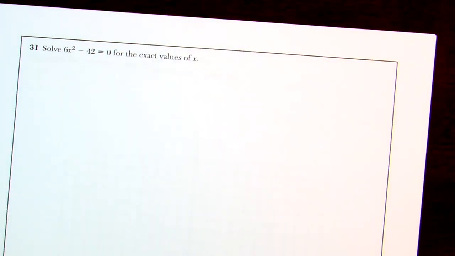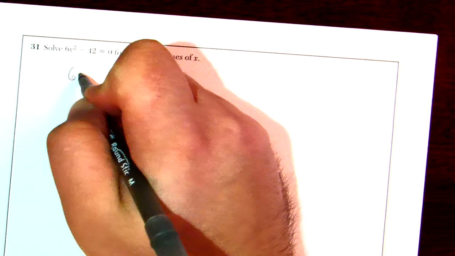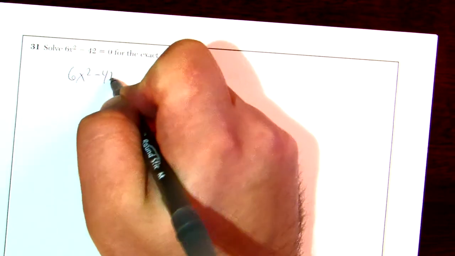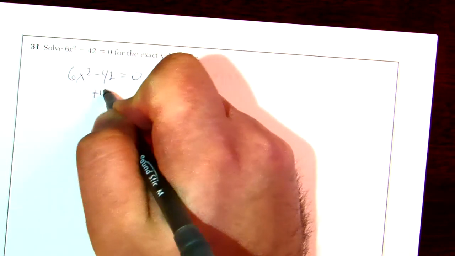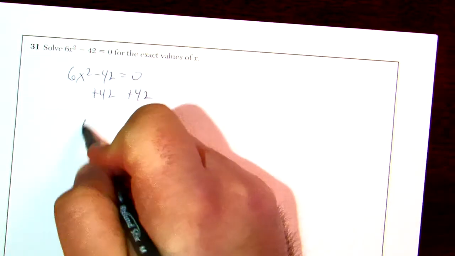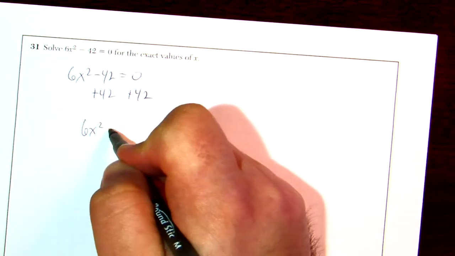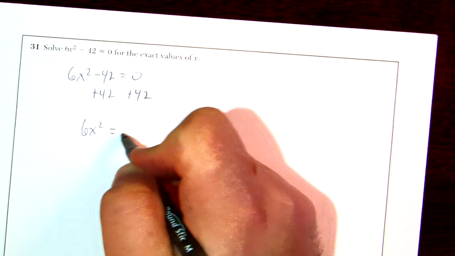31. Solve 6x squared minus 42 equals 0 for the exact values of x. Okay, no problem. Let's do it. I want to get x by itself. So we do that by adding 42 to both sides. And we get 6x squared equals 42.